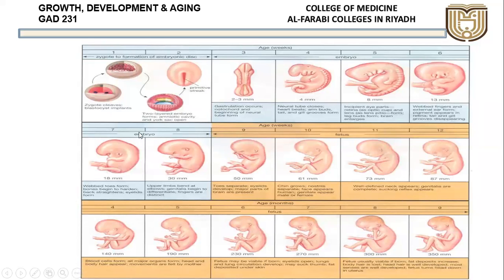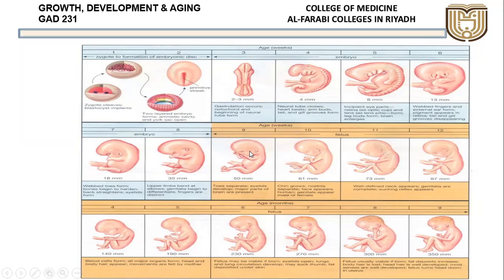This is called the embryo. Even the third week is included within the germinal period, where we saw that it will be a single cell, then it becomes multiple cells, then all the changes. Then from the fourth week, it will be called the embryo. So these are the changes taking place from the fourth week to the eighth week.